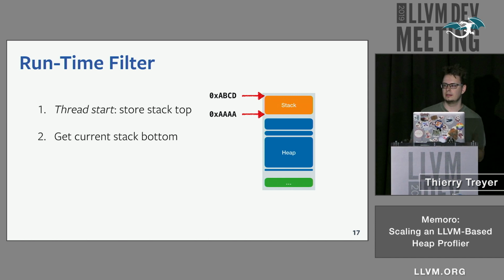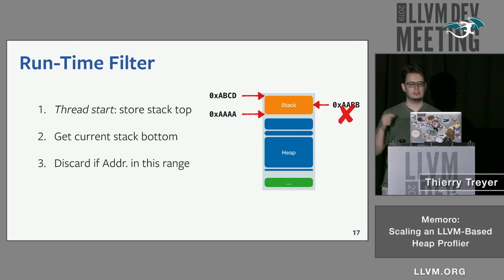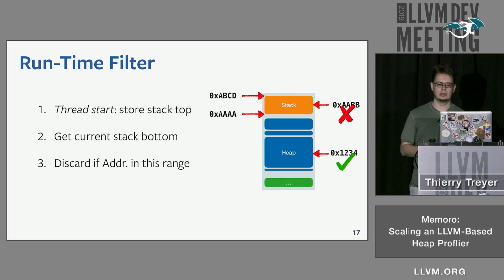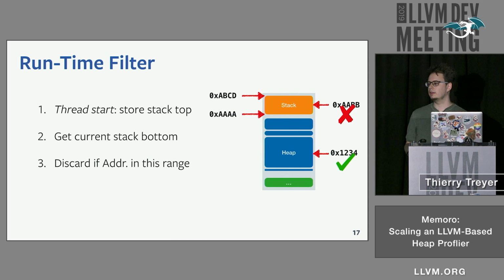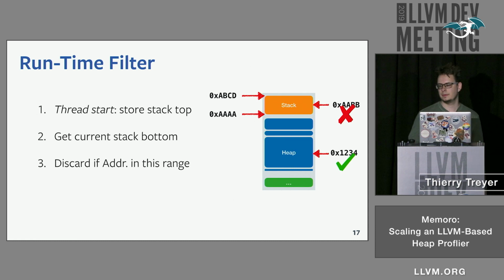It's just reading the RSP register. And then it becomes really easy to check if our address belongs to the stack or not. And if it doesn't, we can then forward the request to the allocators. And the allocators will then return us the metadata related to the chunk being accessed, and we can then update that with the data of the access.